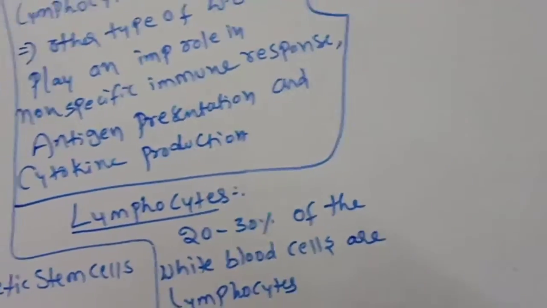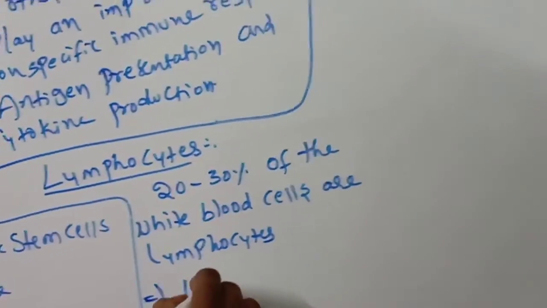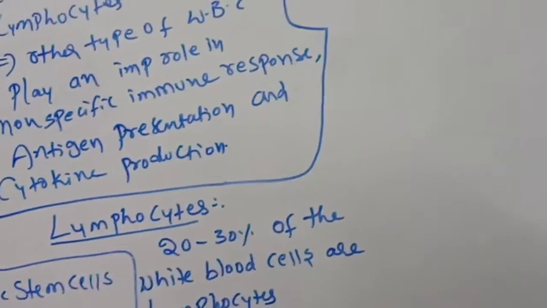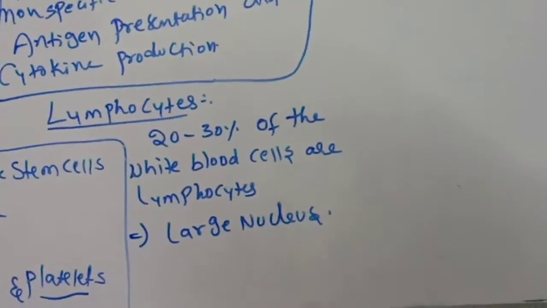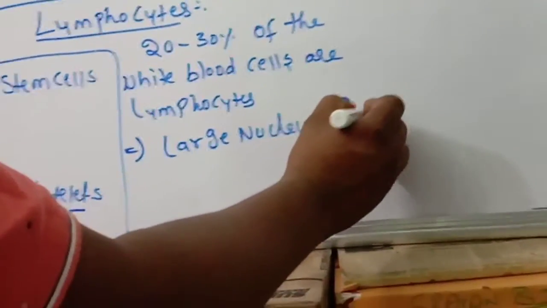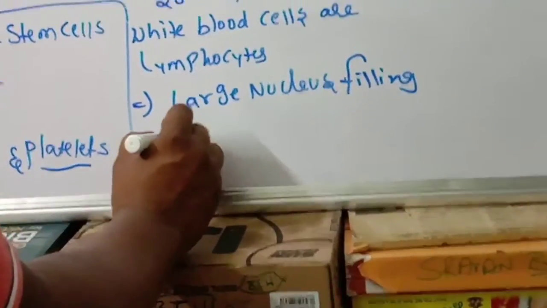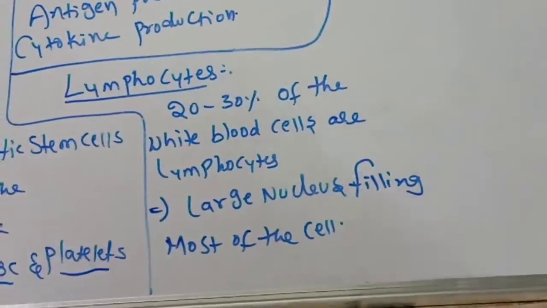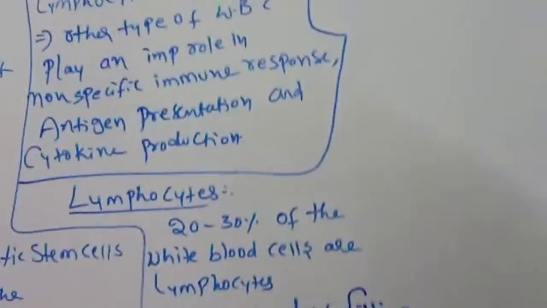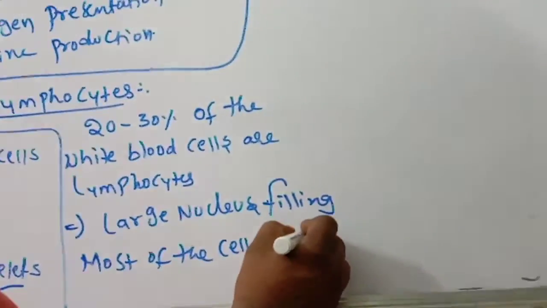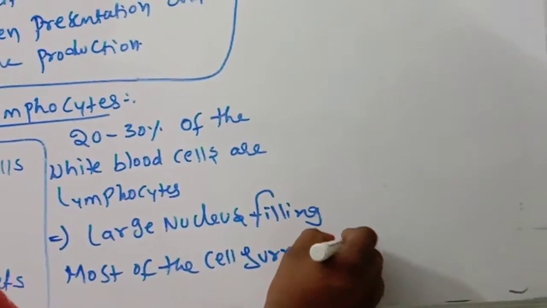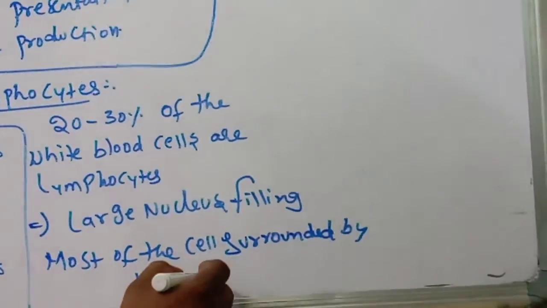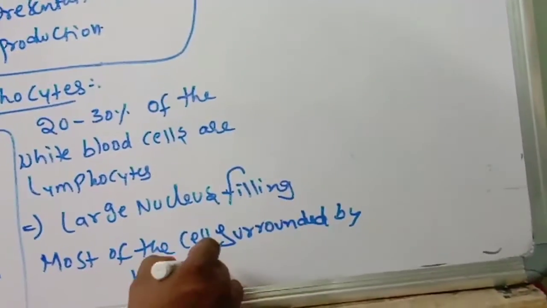Okay, children, they have what is called a large nucleus, filling most of the cell. This point is also very important. It is surrounded by little cytoplasm.